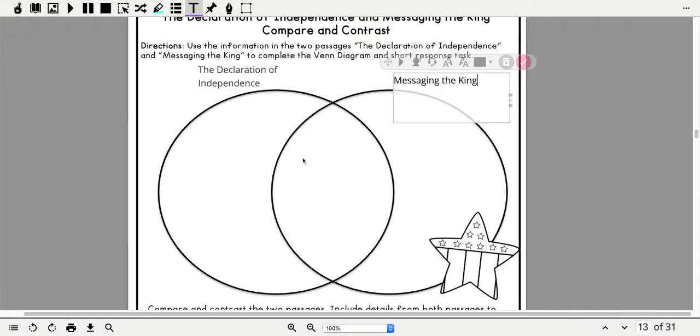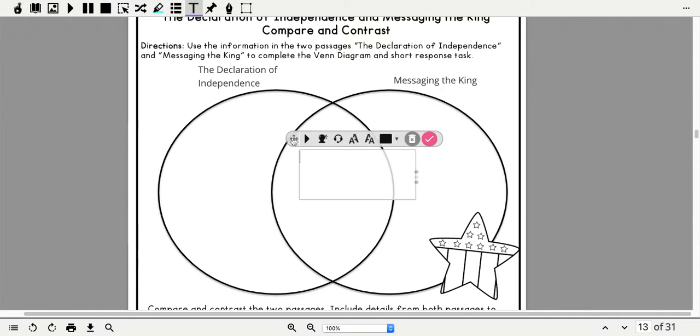But first, let's figure out how they're alike. How they are alike and the same is going to go here in the middle. You can look at this a couple different ways.